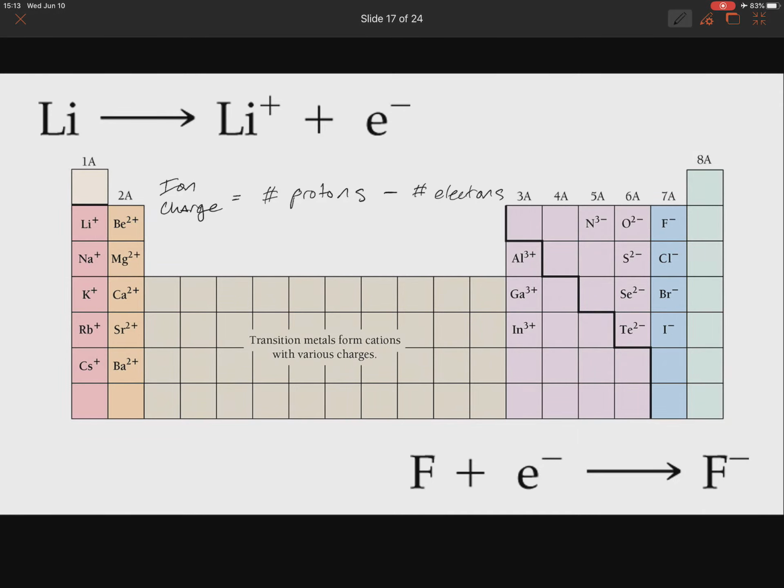So if you are given those numbers, for example, if I say you've got an atom that has 13 protons and it has 12 electrons, what's the charge? It's going to be +1. If I say you have 18 protons and you have 20 electrons, what's the charge? -2. So that's how you would use this equation. Again, protons minus electrons, and you'll be able to figure out the charge.